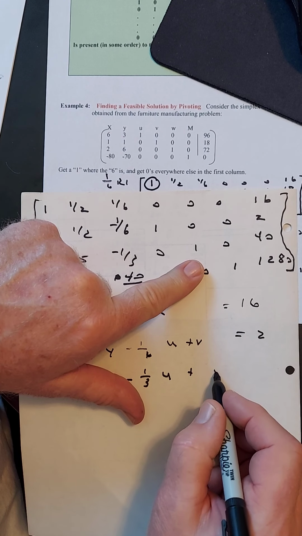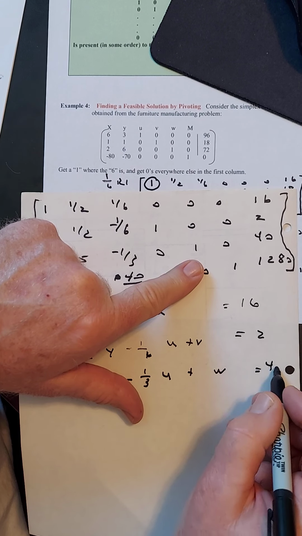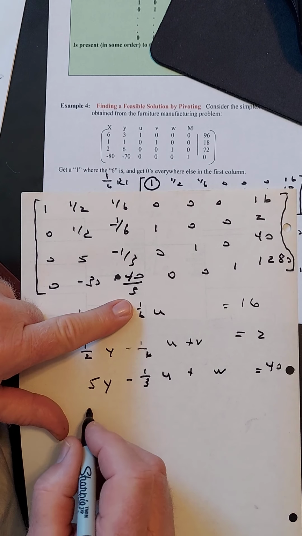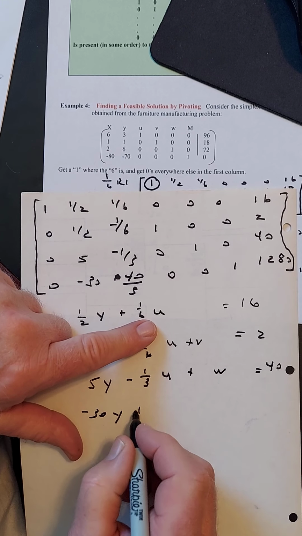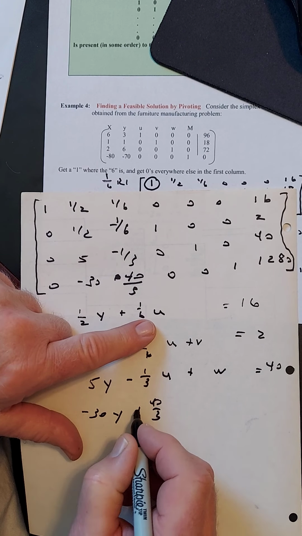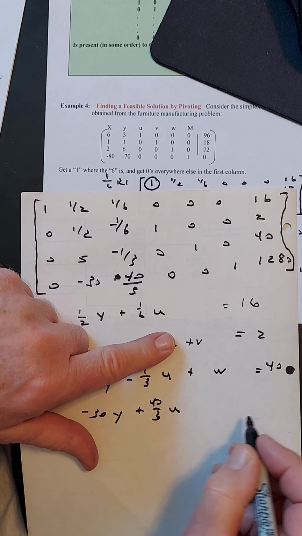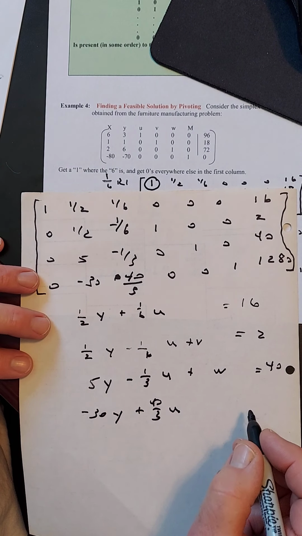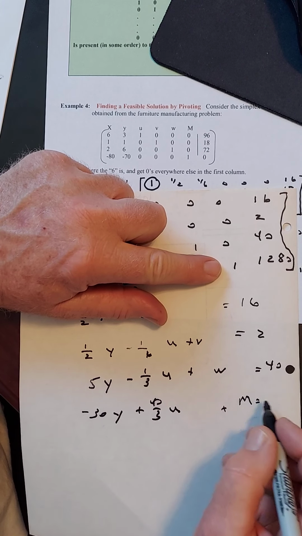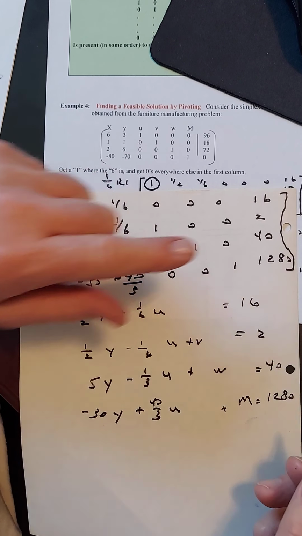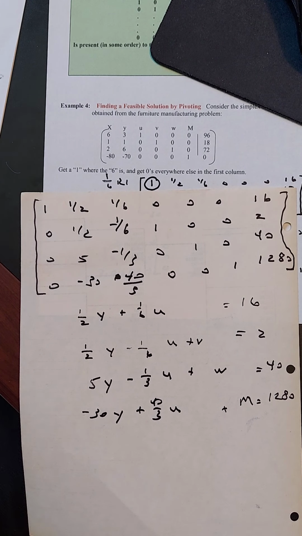So I'm going to say plus w equals 40. And then lastly, I've got negative 30y plus 40 over 3 times u plus m equals 1,280. I'm checking my numbers here real quick, make sure I got those.